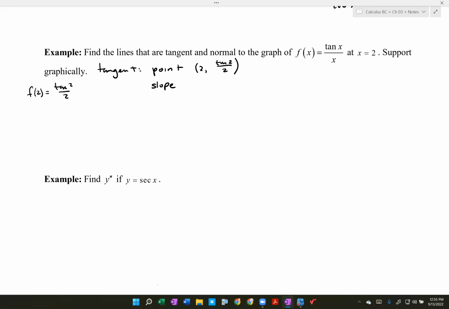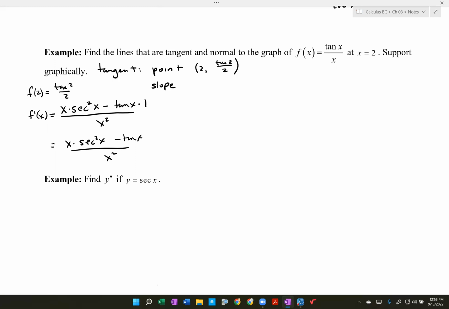Okay, what about the slope? Well, what is f prime of x? Looks like we got another example of a quotient rule. So I've got the bottom times the derivative of the top minus the top times the derivative of the bottom, which is 1. And this is all over x squared. So x times secant x squared minus tangent x all over x squared.